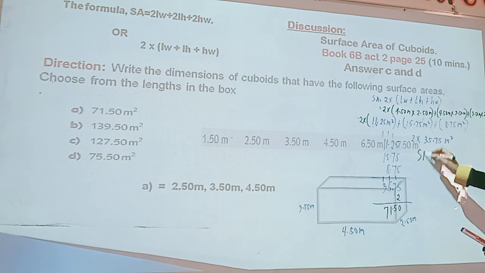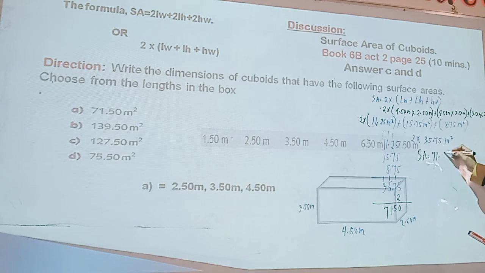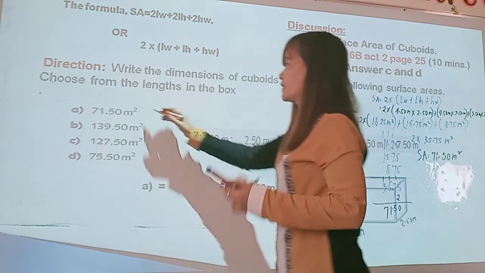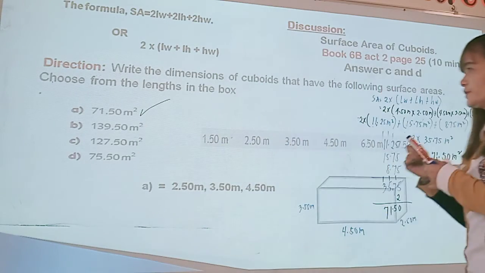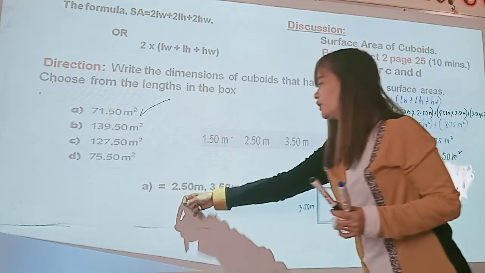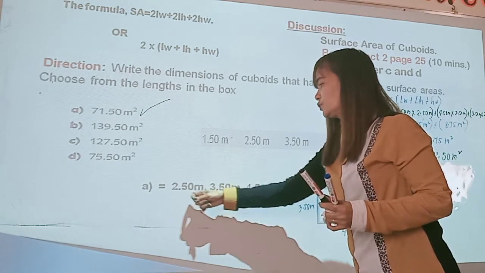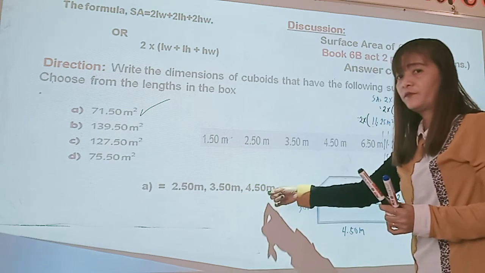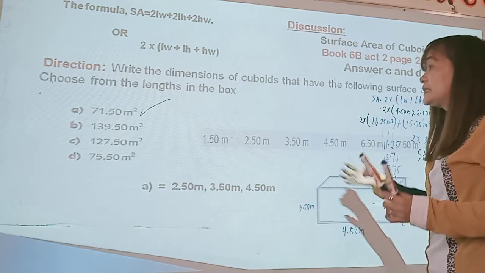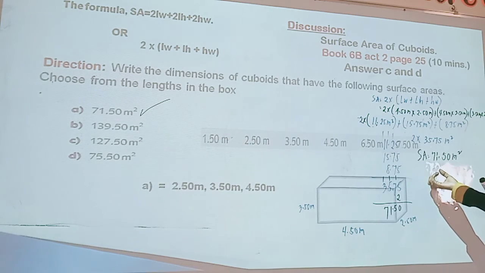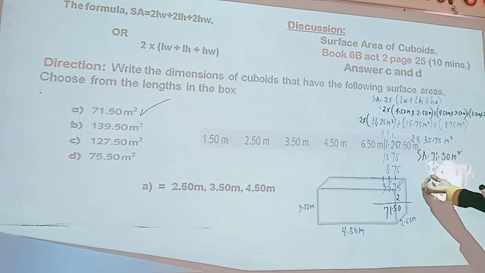So therefore class, the surface area is equal to 71.50 meter squared. So the answer for letter A is correct. Therefore, the following dimensions are 2.50 meter, 3.50 meter, and 4.50 meter. Again class, this is how I'm going to answer activity number 2.